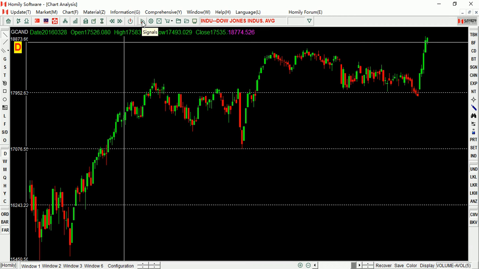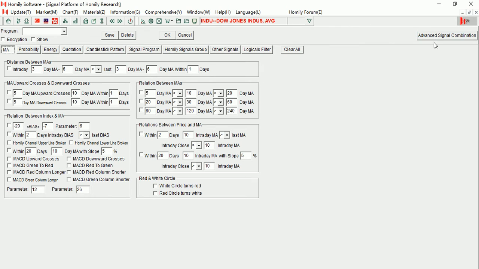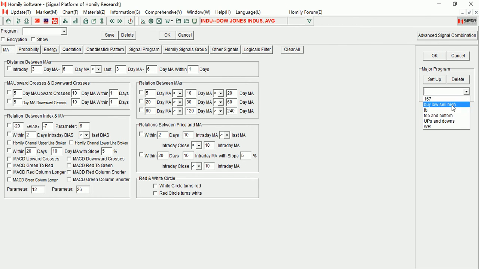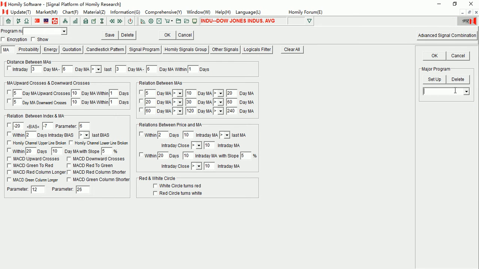Firstly, we click these signals, then click Advanced Signal Group. Then we change the name to Buy Low, Sell High, then click Setup. Then we click Possibility.